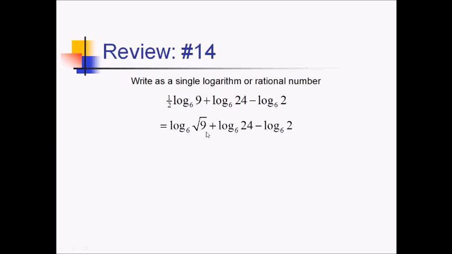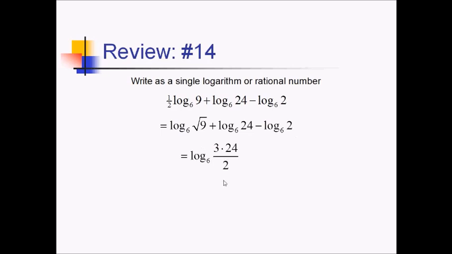Next, I'm going to turn addition of logarithms into multiplication. So this radical 9, which is really just 3, and this 24 are going to get multiplied inside one logarithm. Any logs that are being subtracted, that's going to require us to divide whatever's inside the logs. So we're going to do 3 times 24 divided by 2 inside one big log base 6, like so.